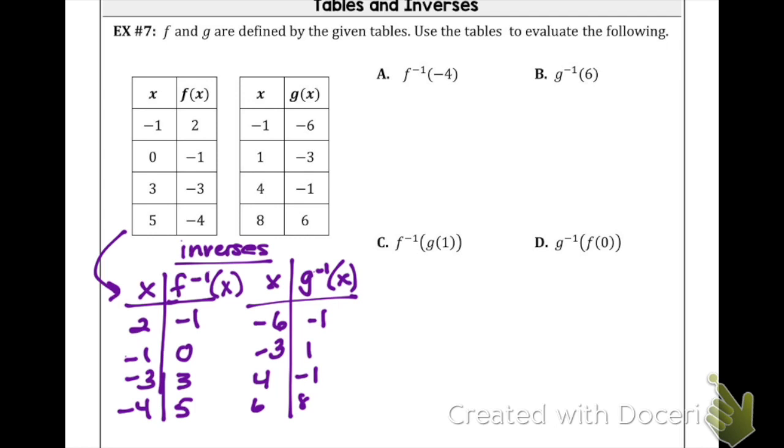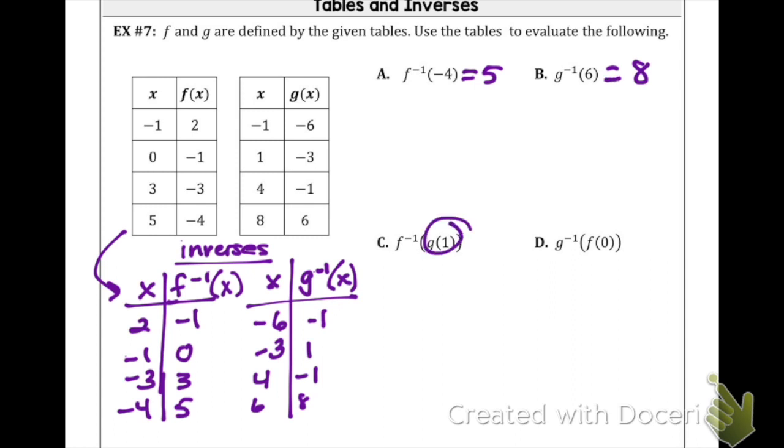So now we can evaluate a through d. So f inverse of -4 would be down here at 5. G inverse of 6 would be down here at 8. Equals 8.